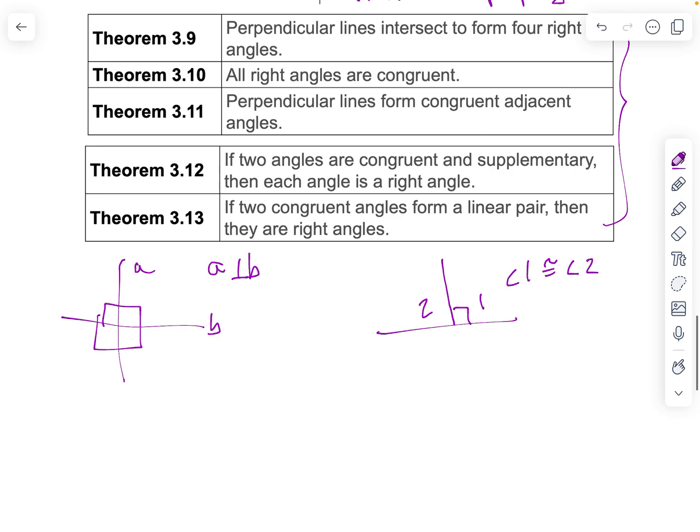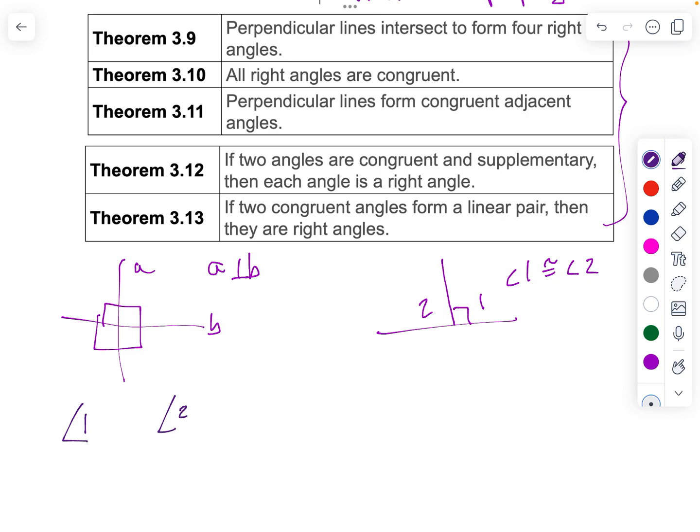So for example, if I have 2 angles that are congruent and supplementary, so let's say I've got angle 1 and angle 2.